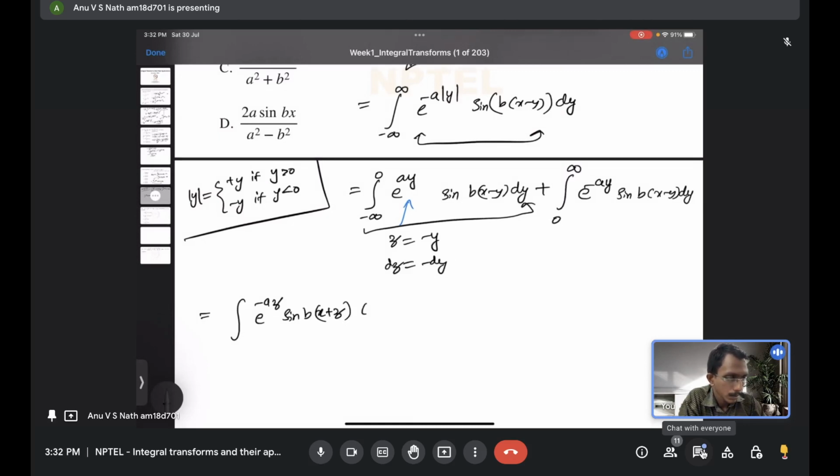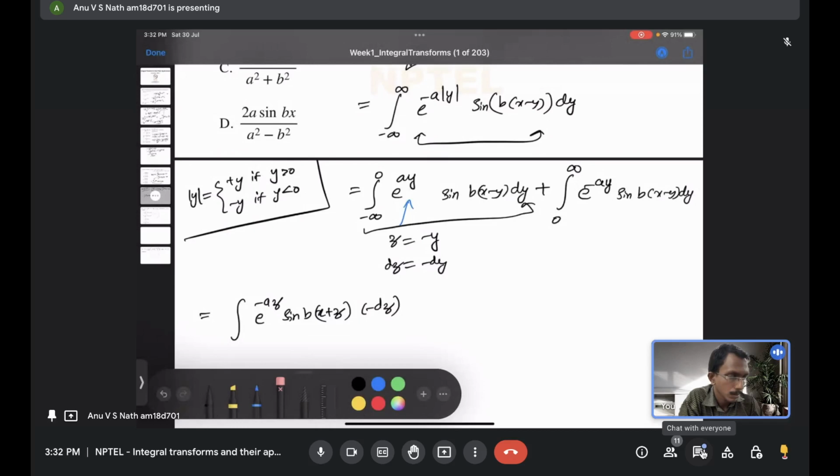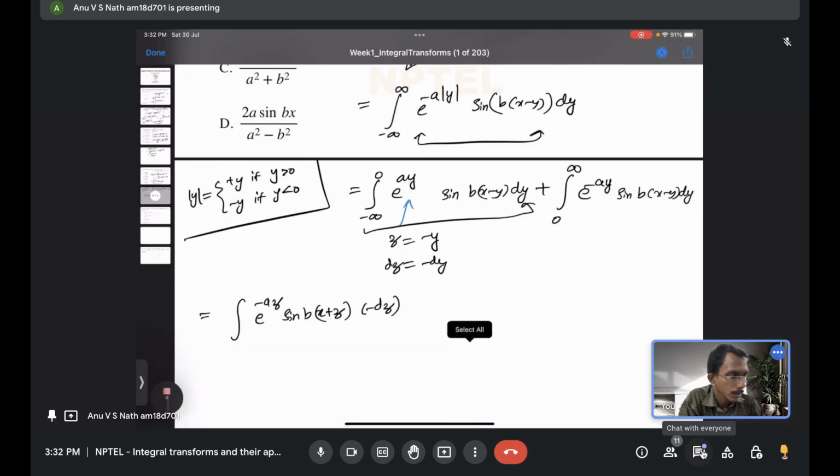So minus dz, and because we changed to z equal to minus y, the limits of integration become plus infinity to 0. This is for the first integral only. Now we can absorb the minus sign, so that the limits of integration become just 0 to infinity.